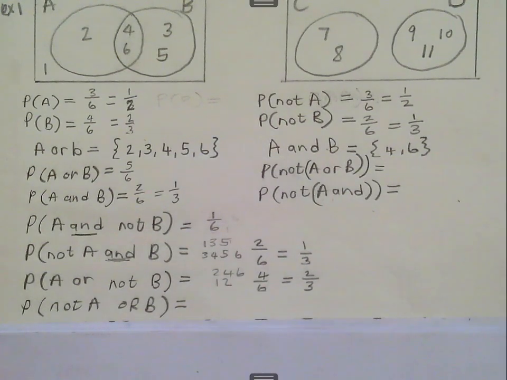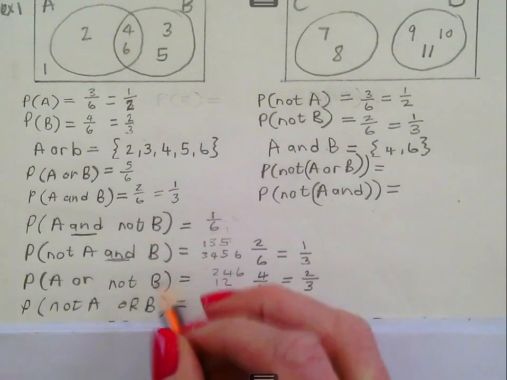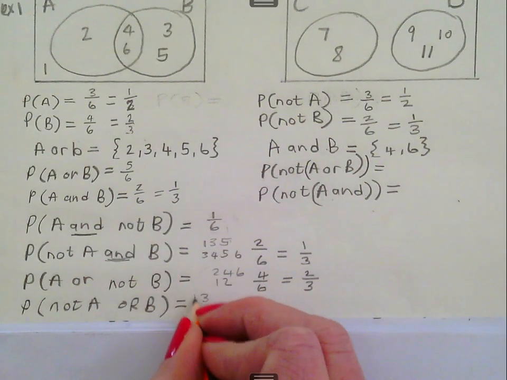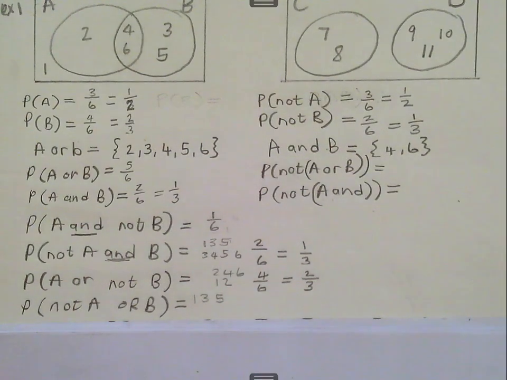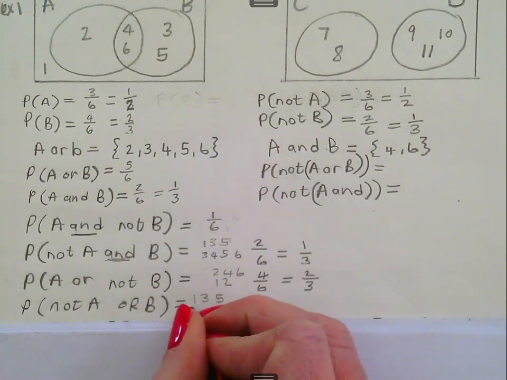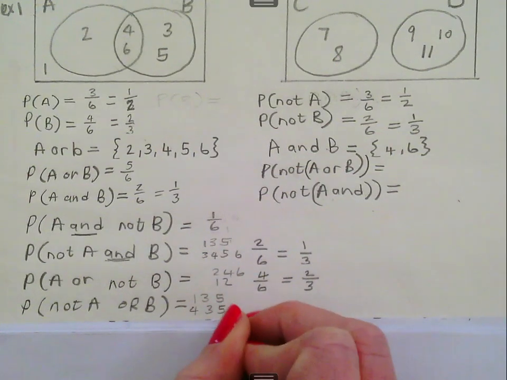The probability of not A or B. So at least one of them. We take it one at a time. Who is not A? 1, 3 and 5. They are not in A's circle. Or B. Who is in B's circle?